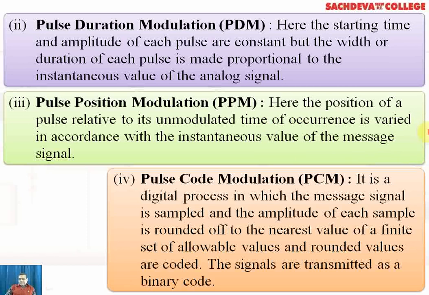It is a digital process in which the message signal is sampled and the amplitude of each sample is rounded off to the nearest value of a finite set of allowable values, and the rounded values are coded. That is, we put the code, like some color codes. The signals are transmitted as a binary code. The binary code will be in the form of 0 and 1.